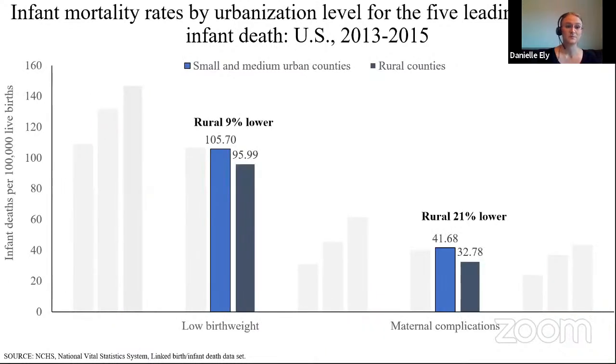And compared with small and medium urban counties, the rural areas had 9% lower infant mortality rates from low birth weight and 21% lower rates from maternal complications.